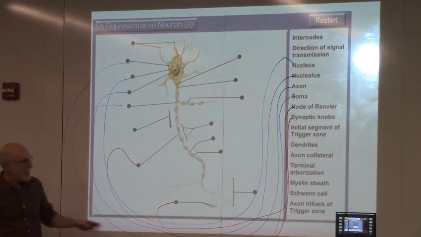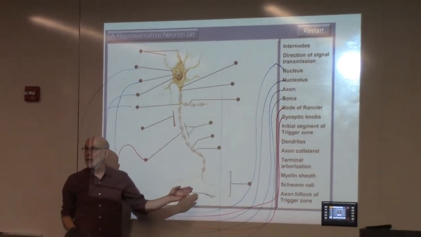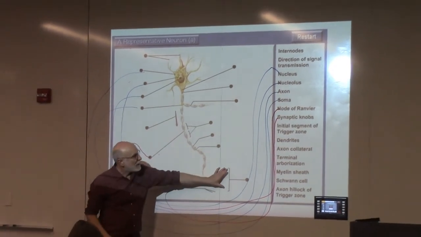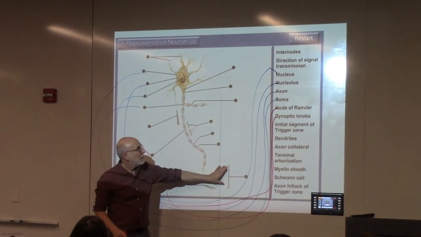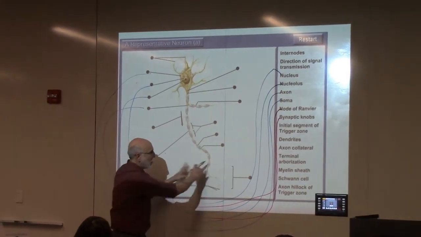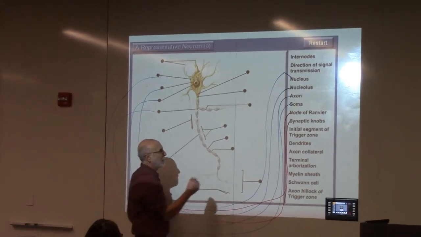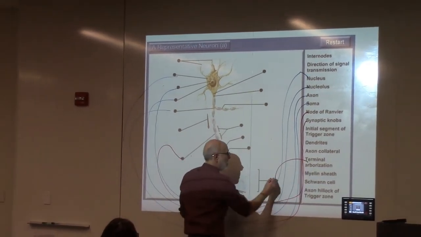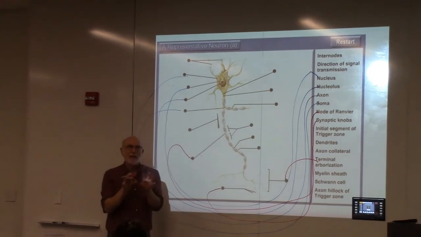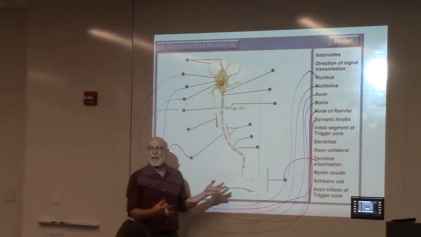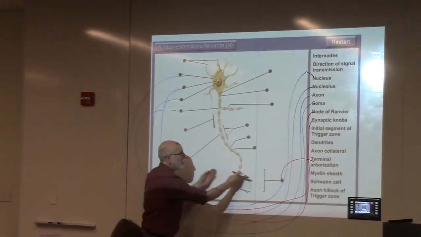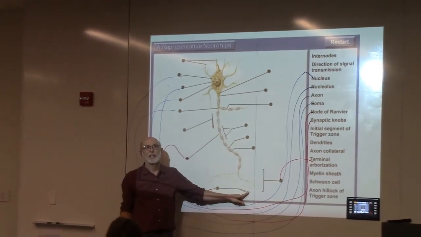The terminals, the things at the end of the axon. So then what is this label? What is this labeling here? It's labeling all of them. That's the terminal arborization, the branching, the tree-like structure at the terminal. And this is pointing to specific terminals.